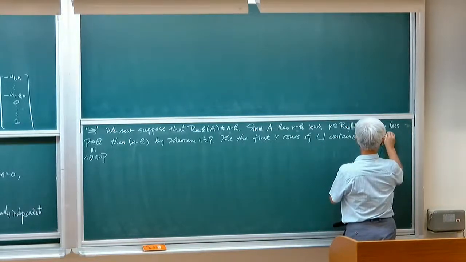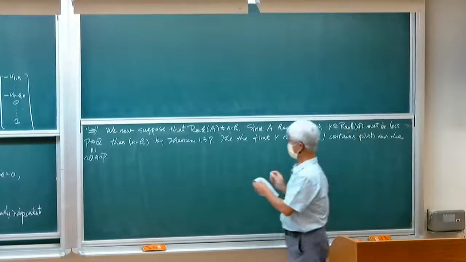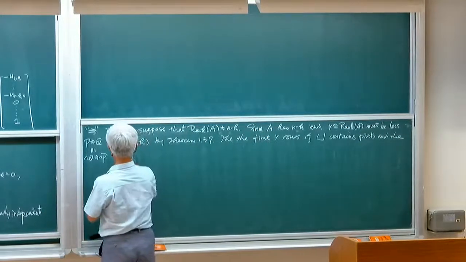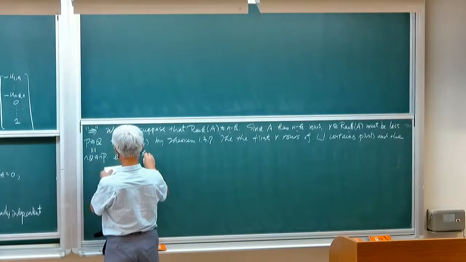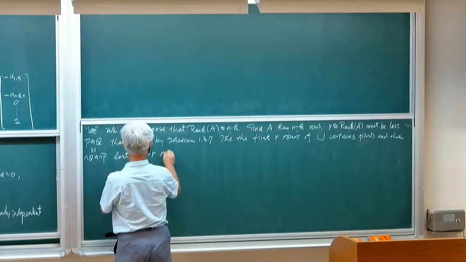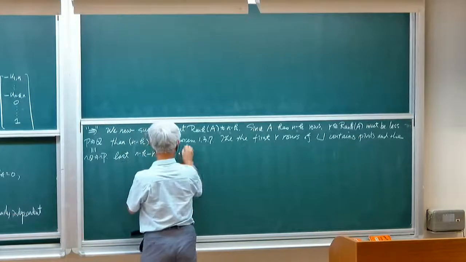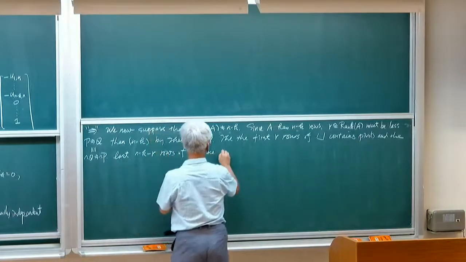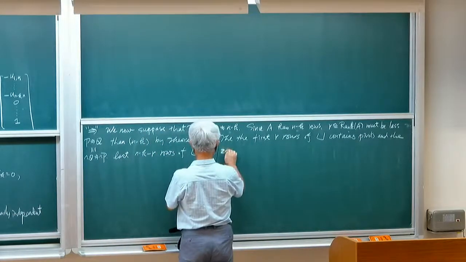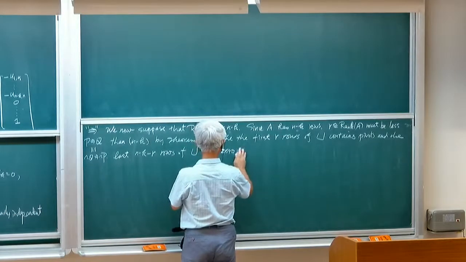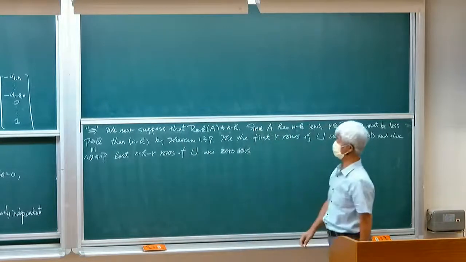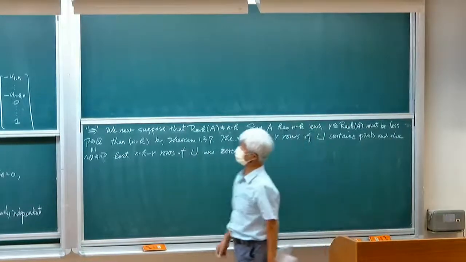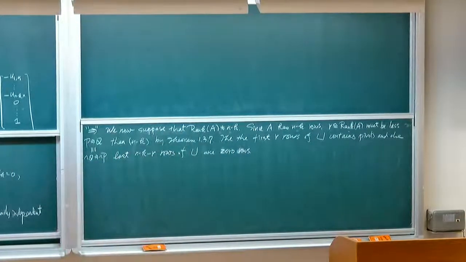And the last n minus k minus r rows of U are zero rows. Zero rows.